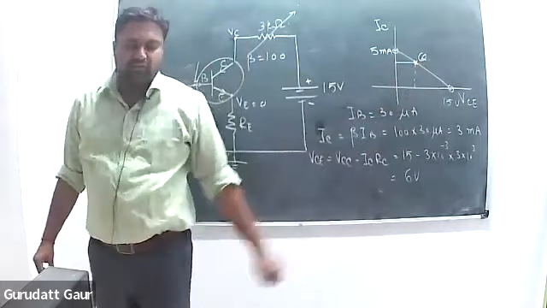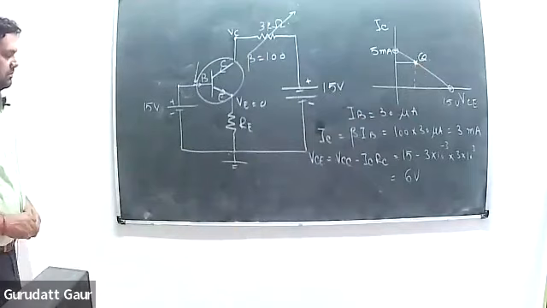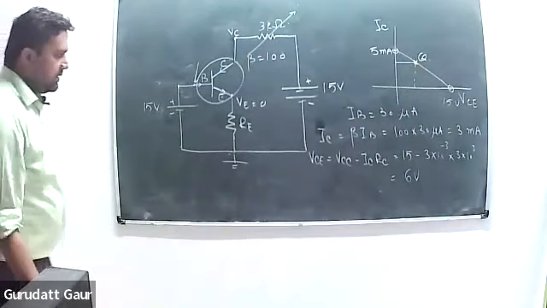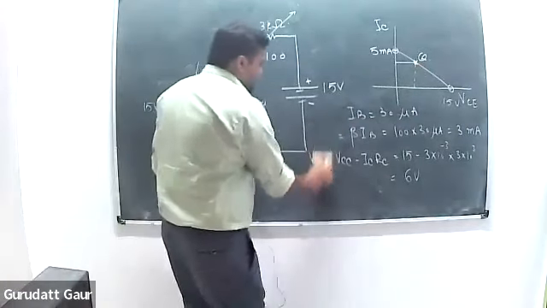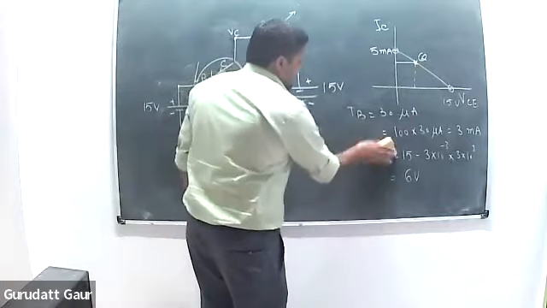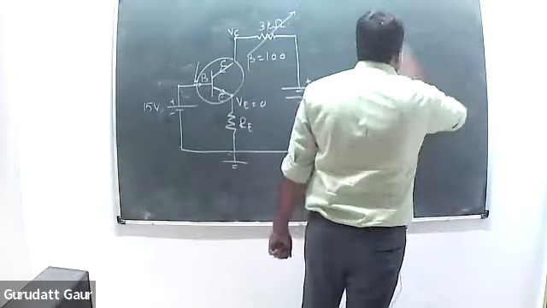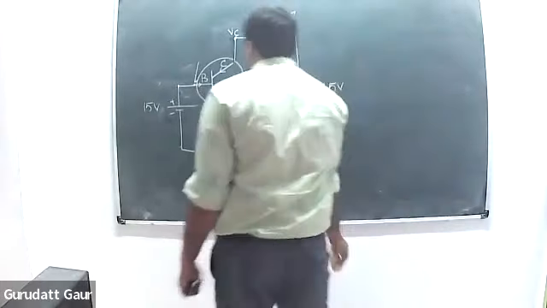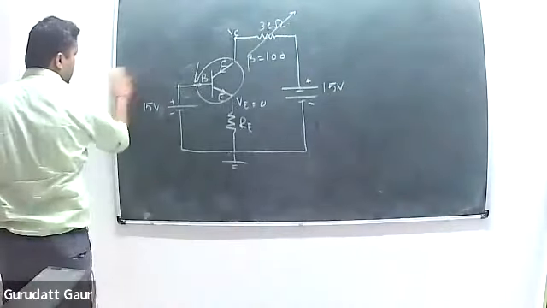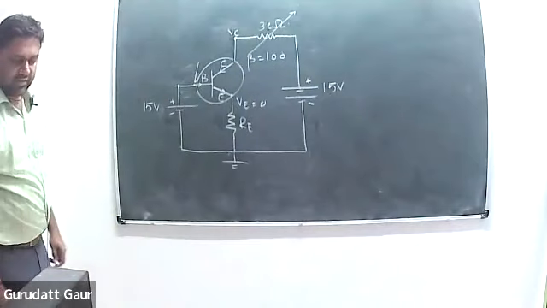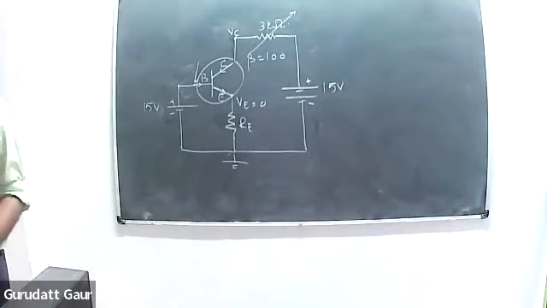It becomes independent of beta, and hence there are almost zero chances that Q point will vary and you will not remain in the active region. If you are not in the active region, you cannot do the desired amplification and other calculations. So we want to discuss the emitter bias case, right?